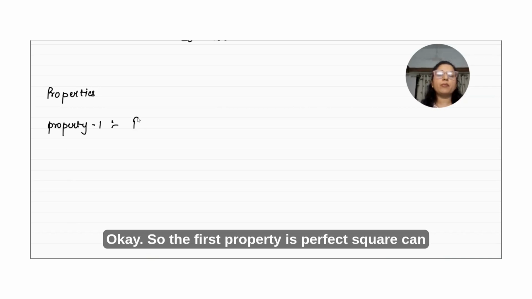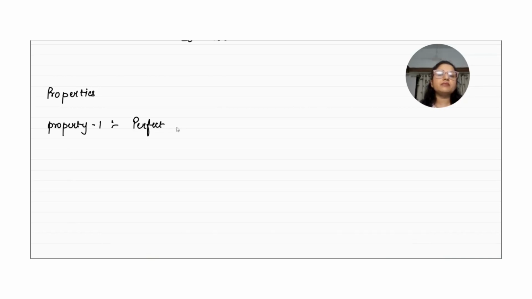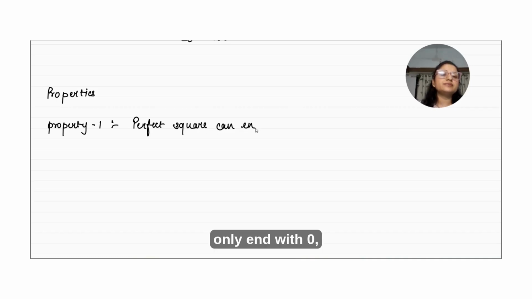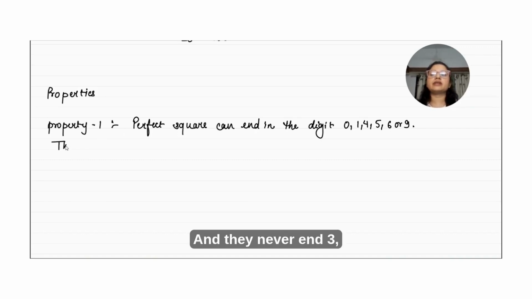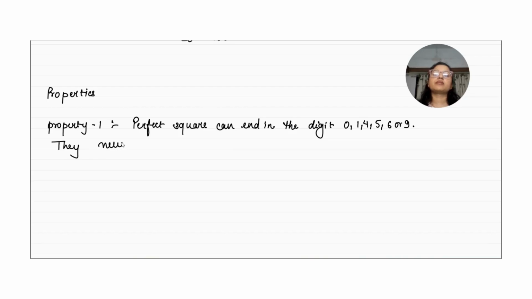So the first property is that a perfect square can only end with 0, 1, 4, 5, 6 or 9, and they never end with 2, 3, 7 or 8.